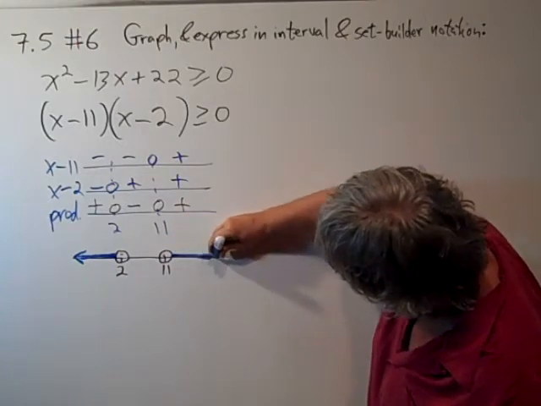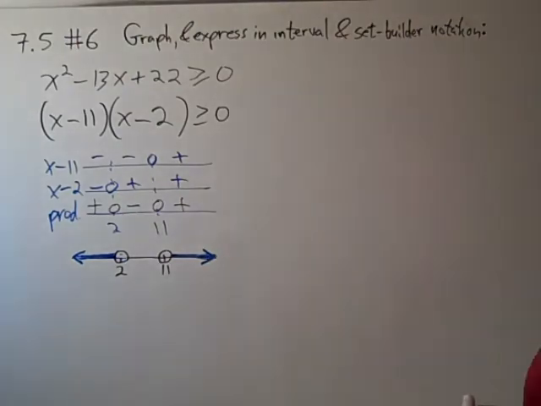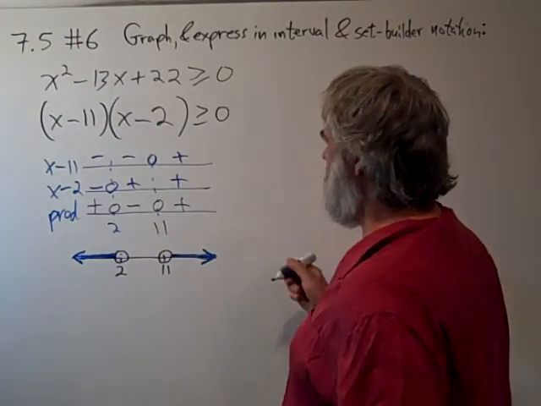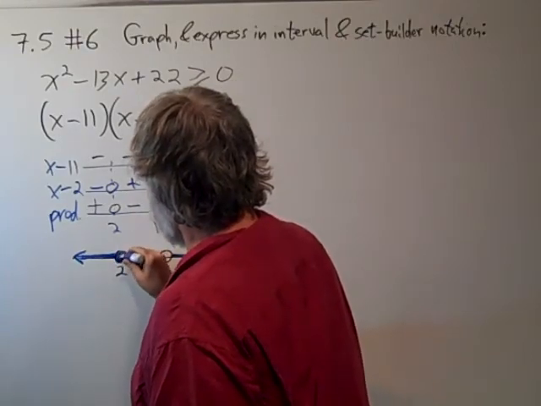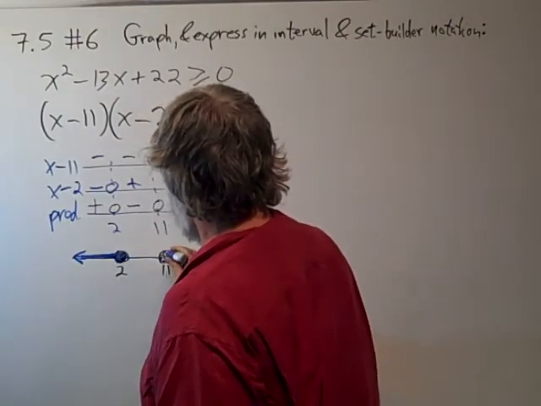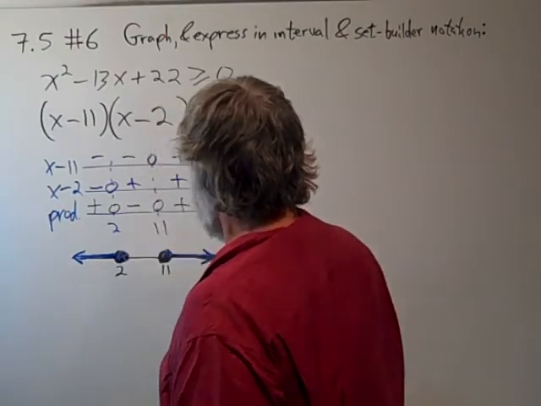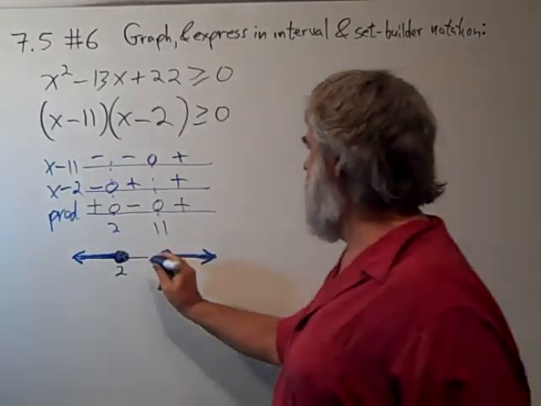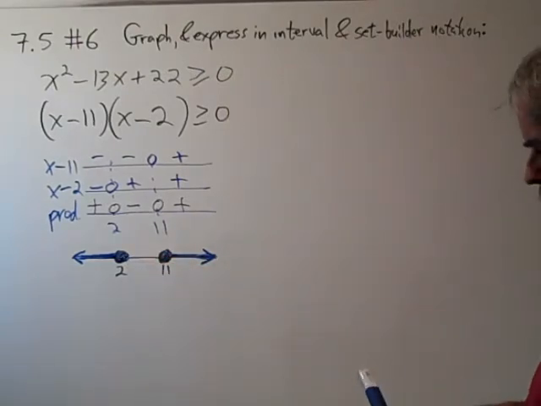The product is positive. And this also includes the 2 points where it equals 0. So that's here at this end point and this end point. So there we have the graph of the solution set to this quadratic inequality.